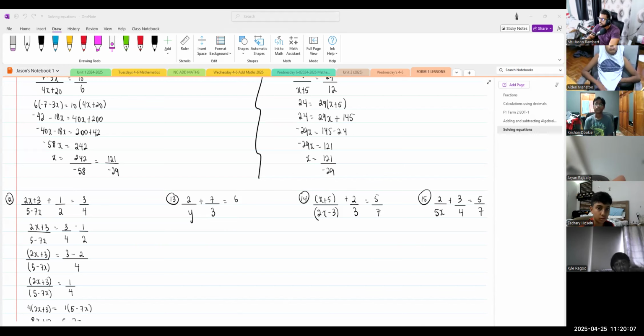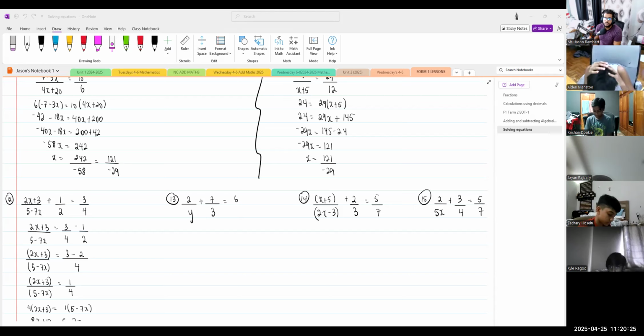Because these questions we are doing here in lessons are of the highest difficulty when it comes to solving equations. Cool? There are more types of equations we'll have to solve in the future.